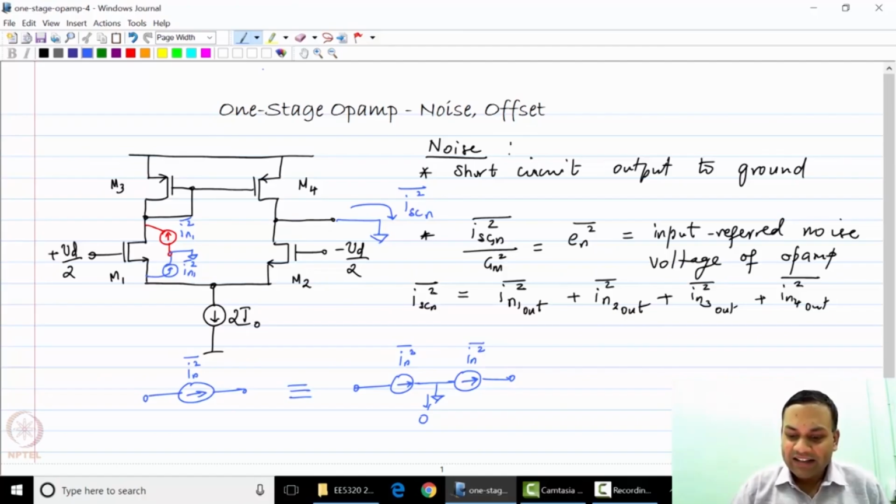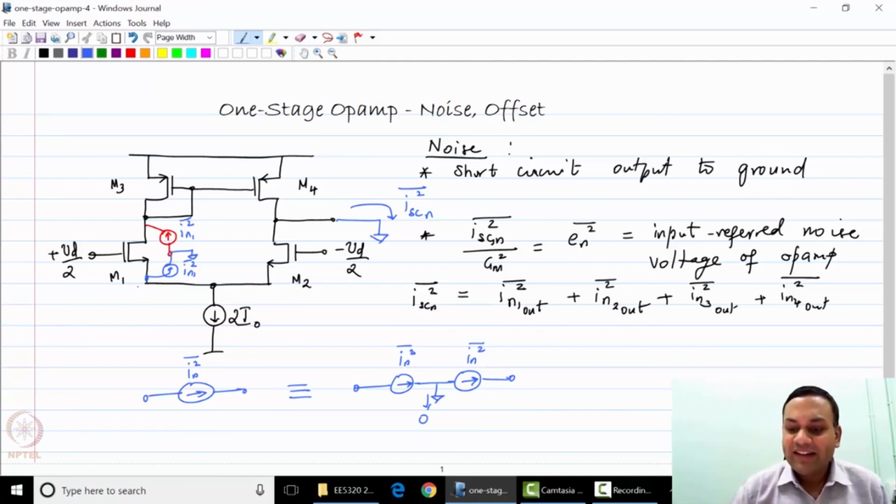So let us simply look at the blue colored values alone. I have a current IN1 squared which is flowing out of this node, and this current source IN1 squared sees two transistors M1 and M2.